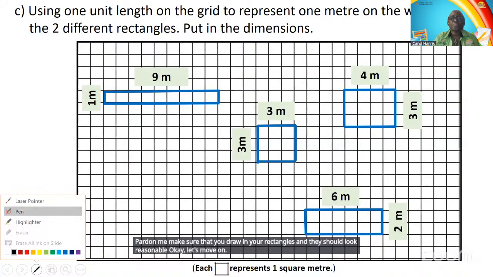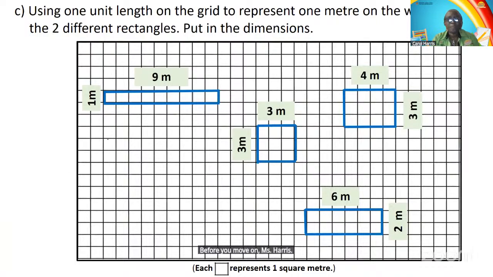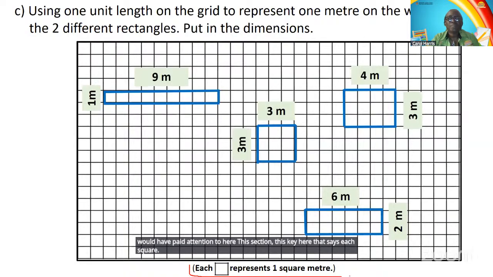Before you move on, Ms. Harris, there's something I noticed that you would have paid attention to here. This key says each square represents 1 square meter. As you drew your rectangle, you paid attention to the grid.